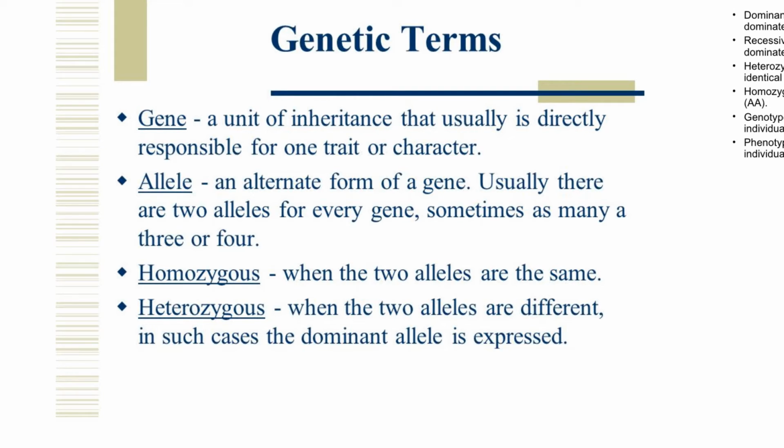A gene is the unit of inheritance, directly responsible for a trait, and maybe I should define a trait right now. A trait is an observable or measurable characteristic of the animal. For example, coat color is a trait. Mature adult weight is a trait.